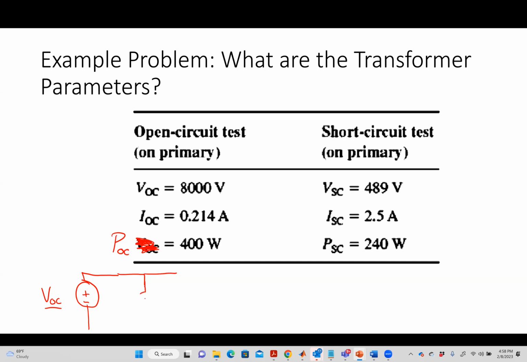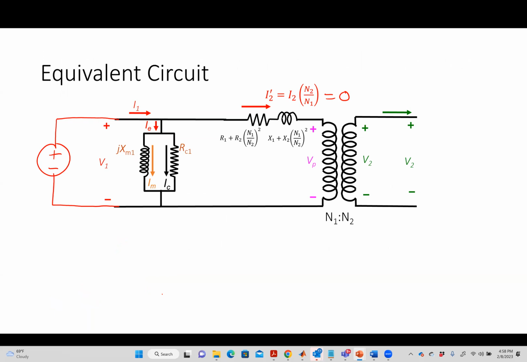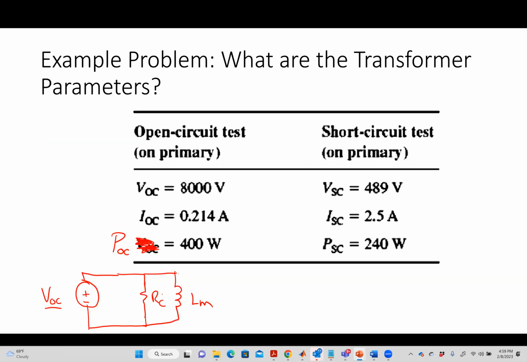And I have just this. This is LM and this is R core. Now, technically, there's this other stuff in parallel with it, but it's not there. This is the basic circuit I have. So I'll call this IOC like that.